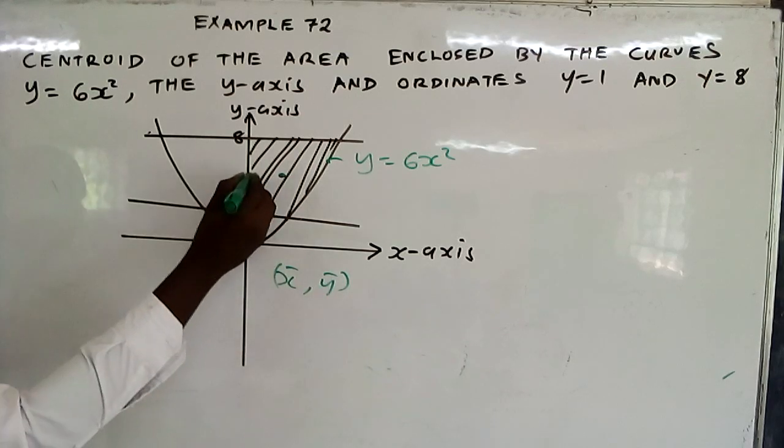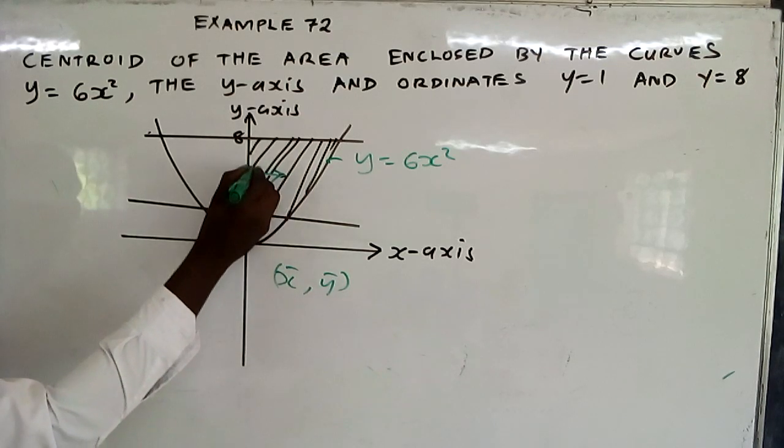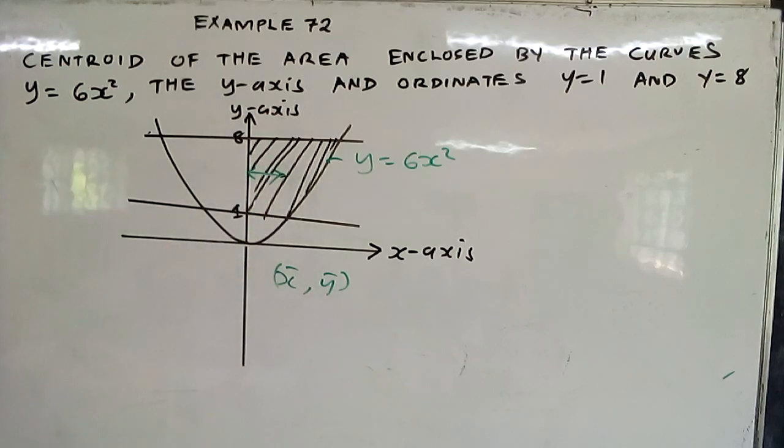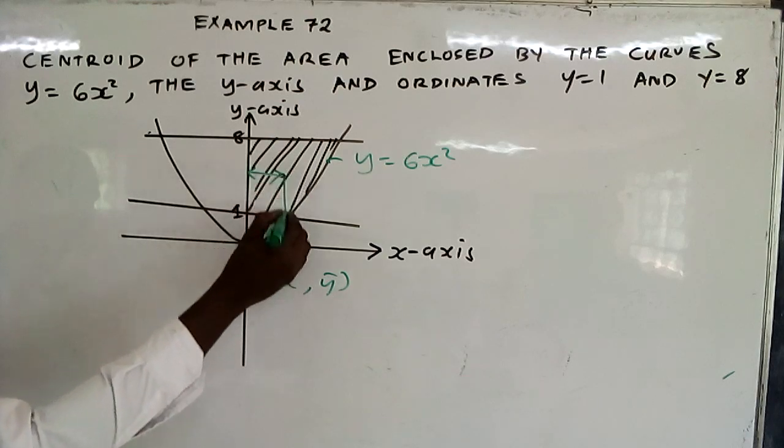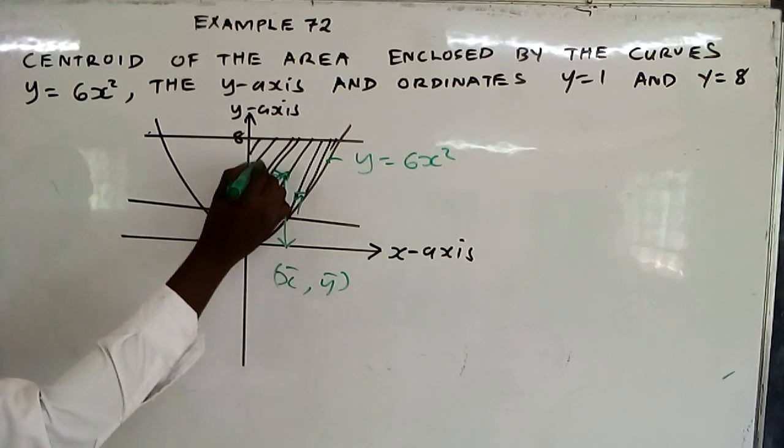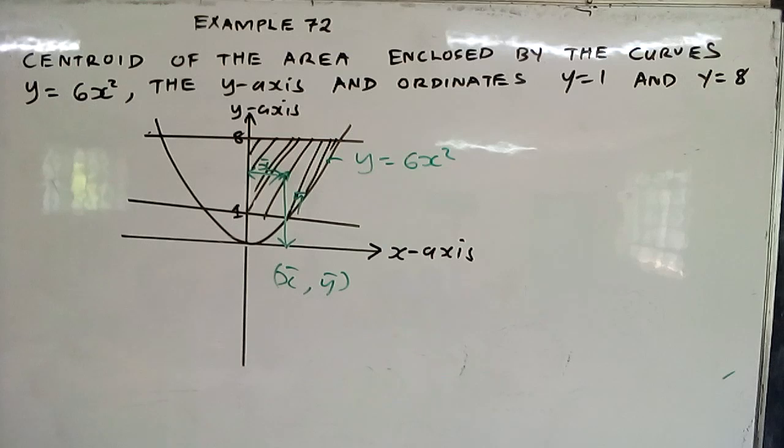So you can see the x value is that, then the y coordinate is the y bar. Is that okay? So you ask yourself, how are we determining a centroid, x bar and y bar? How do we determine?